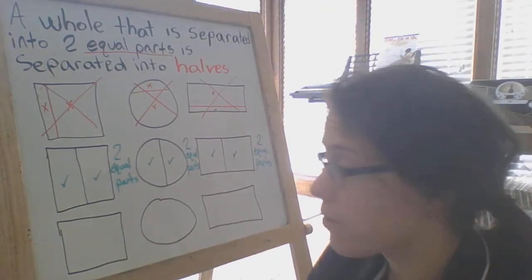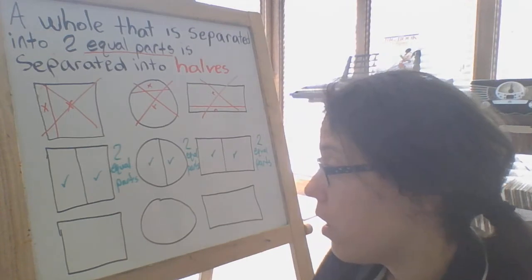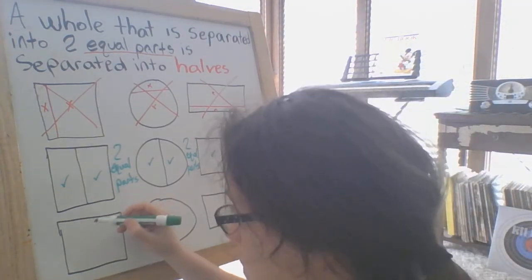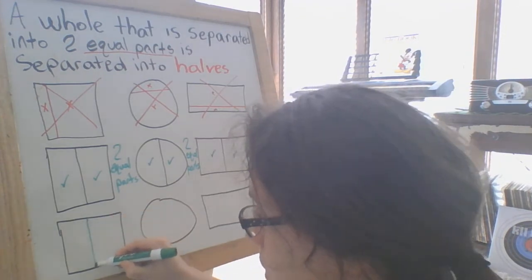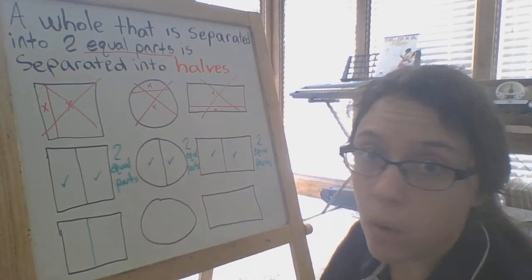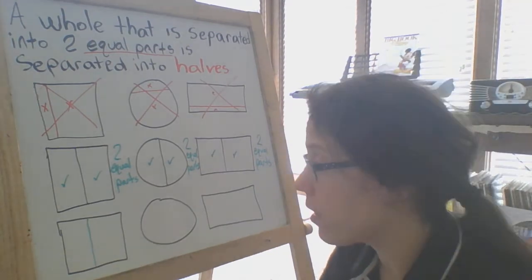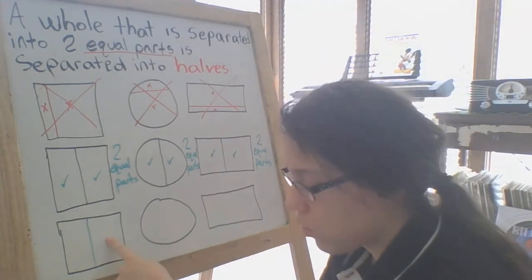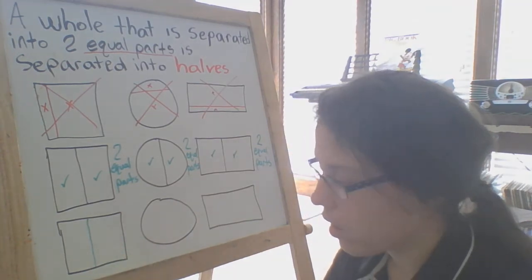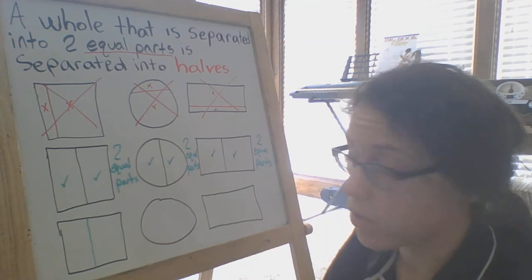Let's do the square first. Now, if you thought of this, you're absolutely right. That is that whole separated into two equal parts. One part, two part. Exactly. Let's look at the circle.